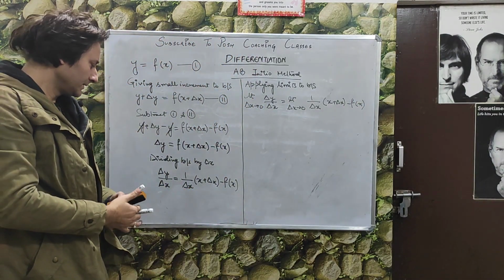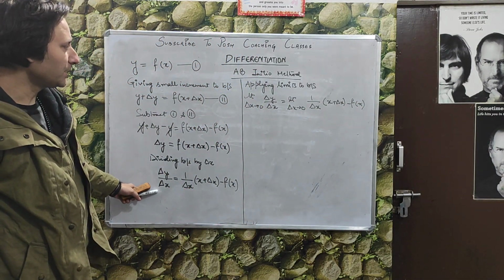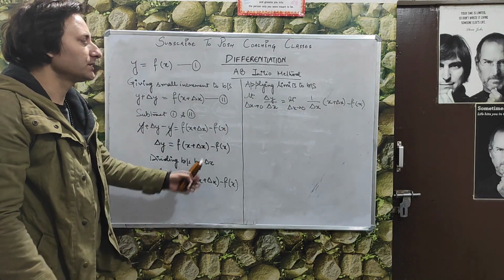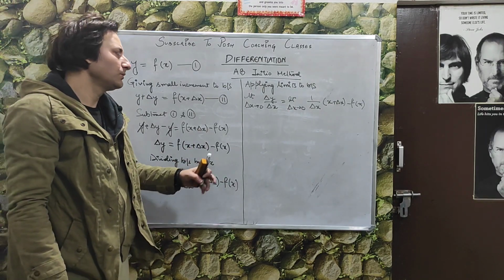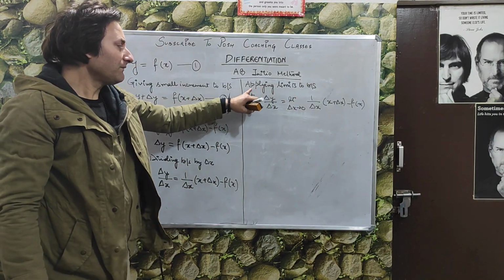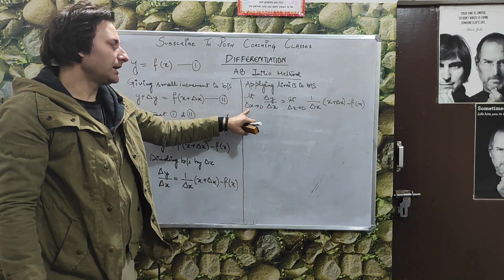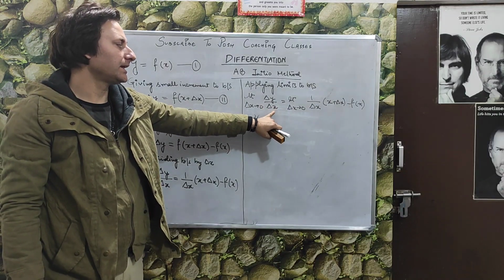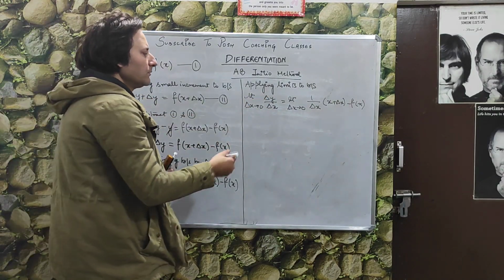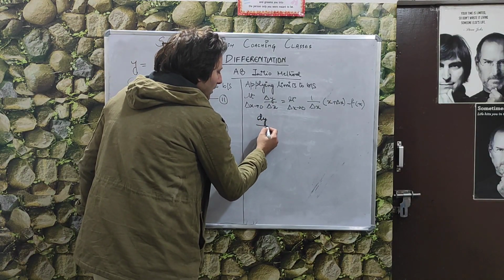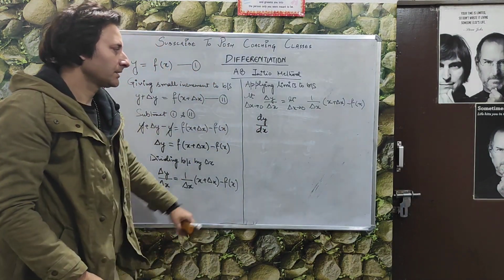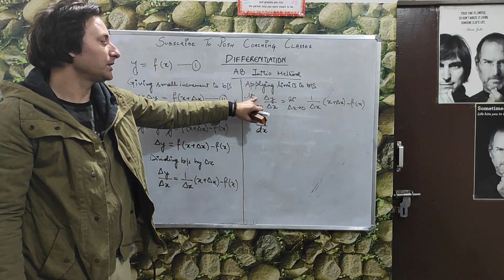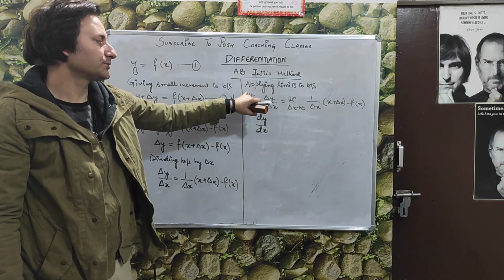So what I did, we just divided it by delta x. Now I am applying limits, because in differentiation limits are very important. We'll talk about that also. Now whenever you see limit delta x tends to 0, and the denominator is the same, delta x here, delta x here, this whole thing becomes dy upon dx. So to make it dy upon dx, we require limit, we require deltas, and this should be like this.